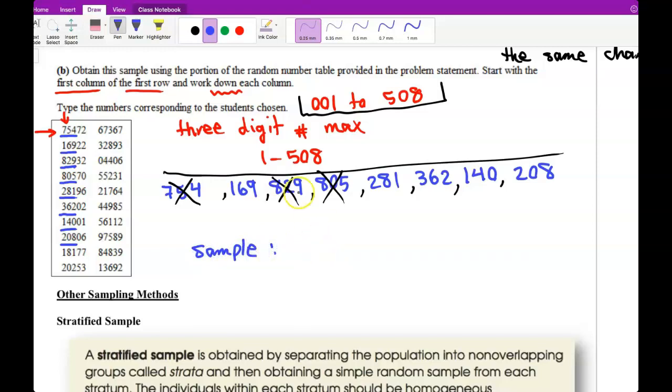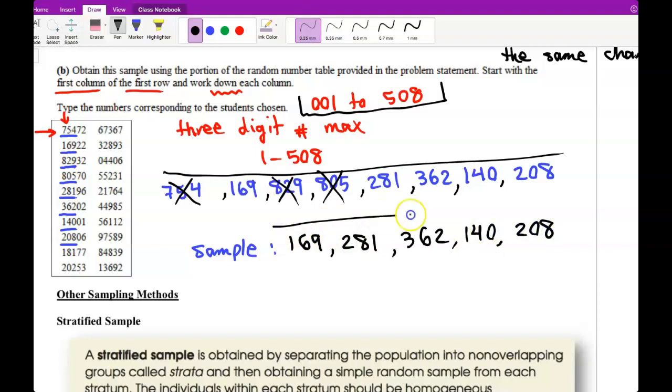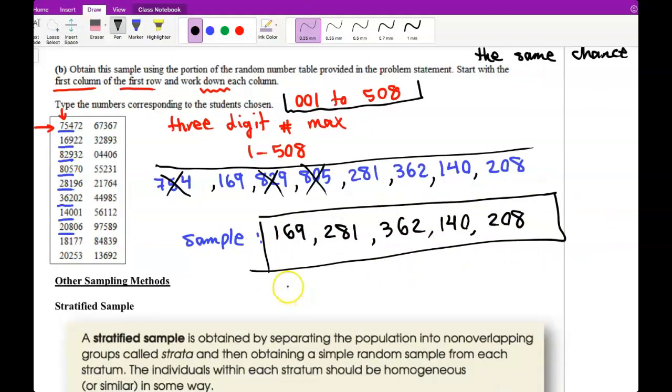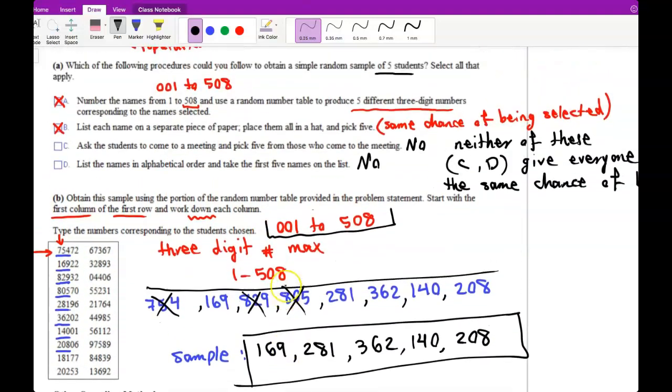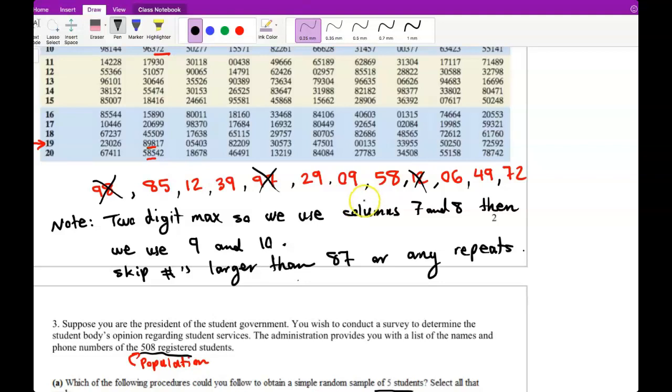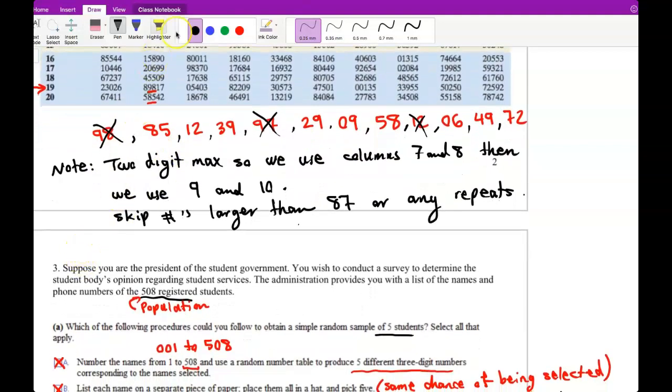Our sample is 169, 281, 362, 140, 208. Okay, I did the same method that I had on this part. Okay, I want to write what the sample was for that part 2.